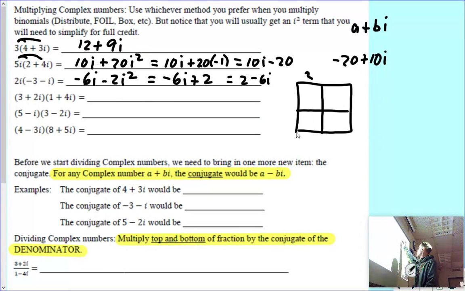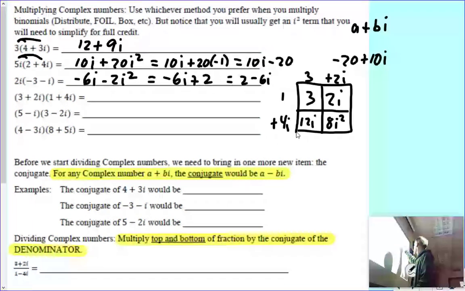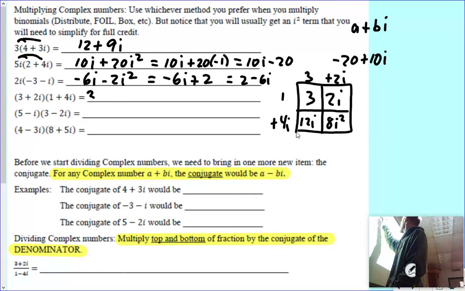So if I do 3 plus 2i and 1 plus 4i, remember, in each box we're multiplying, so 1 times 3, 1 times 2i, 4i times 3, 4i times 2i. Okay? But now, if I just write that out, I can combine some like terms and then simplify the i squared term. So I got 3 plus 2i plus 12i plus 8i squared.